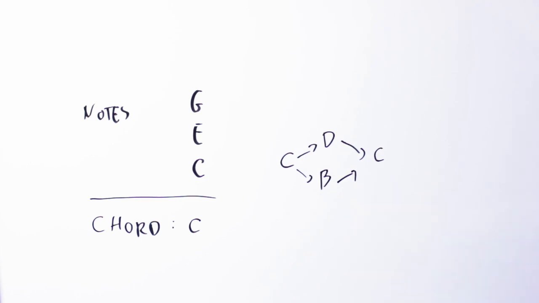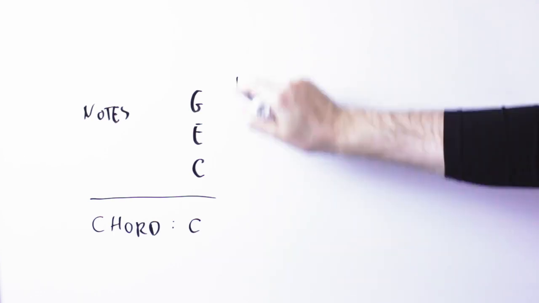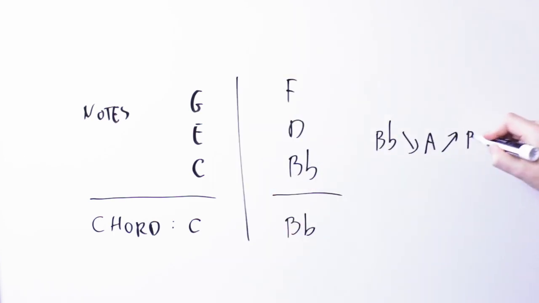Now again, this may seem like a small thing, but let's hear how these work in the hand of a master. Let me take this very same thing by moving everything down two frets. So let's play a B flat major and make the B flat note go down to an A and up again.